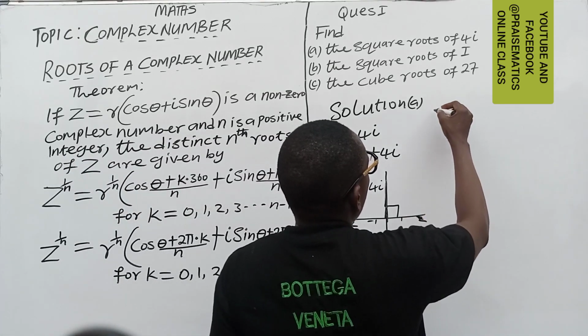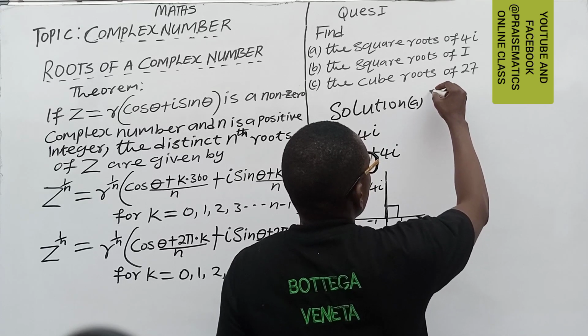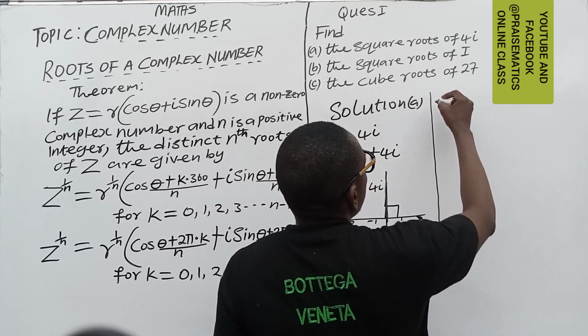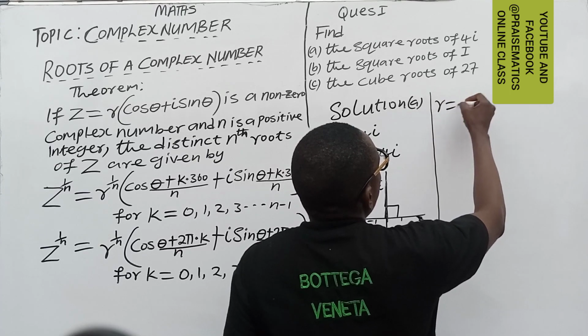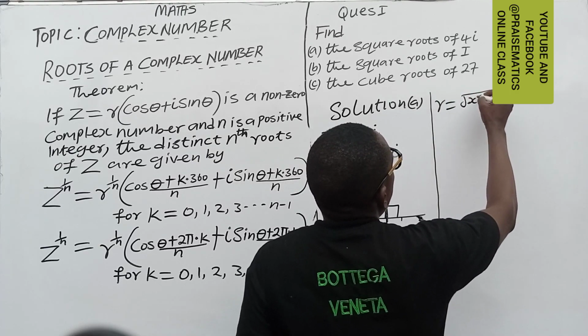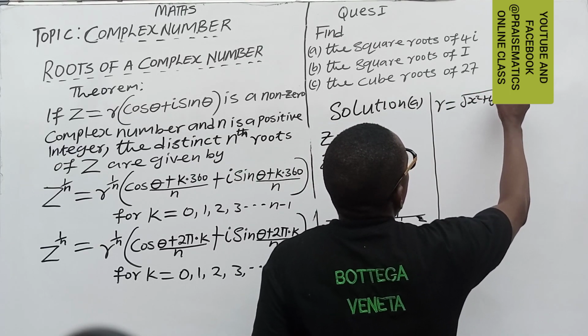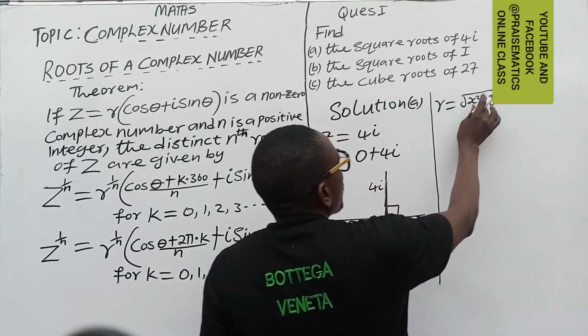Now, how do we solve it? We are going to look at the modulus, which is r. r is equal to the square root of x squared plus y squared. Now our x is 0, so 0 squared, plus our y is 4, so 4 squared, all under the square root.